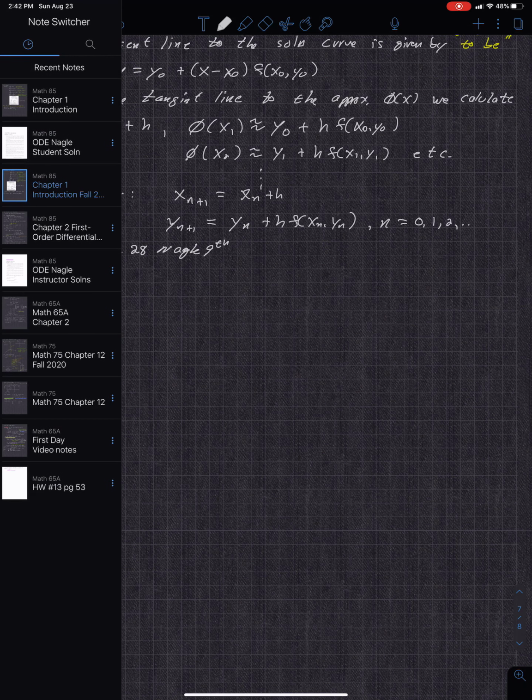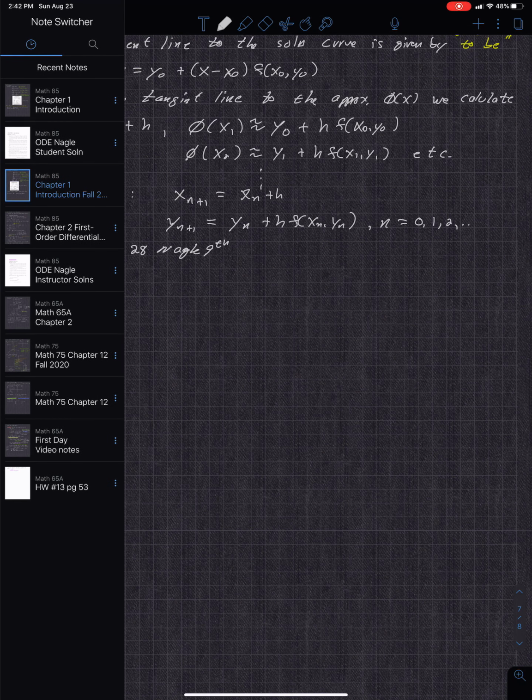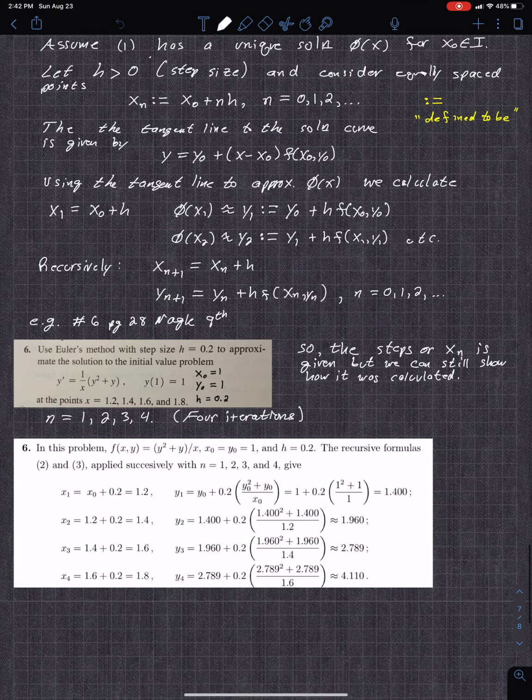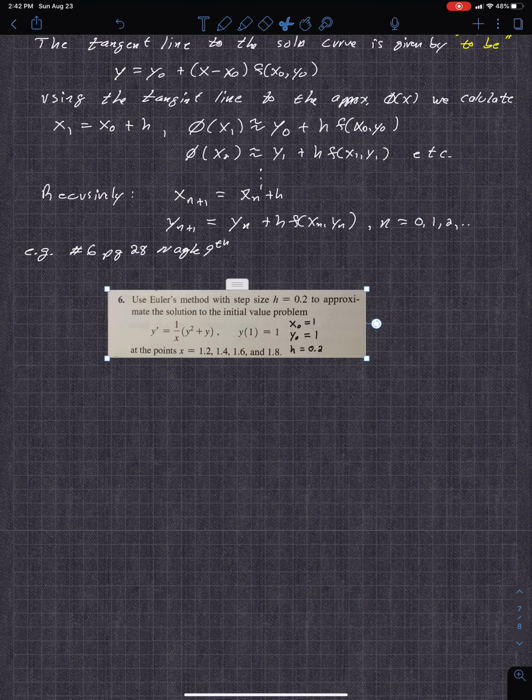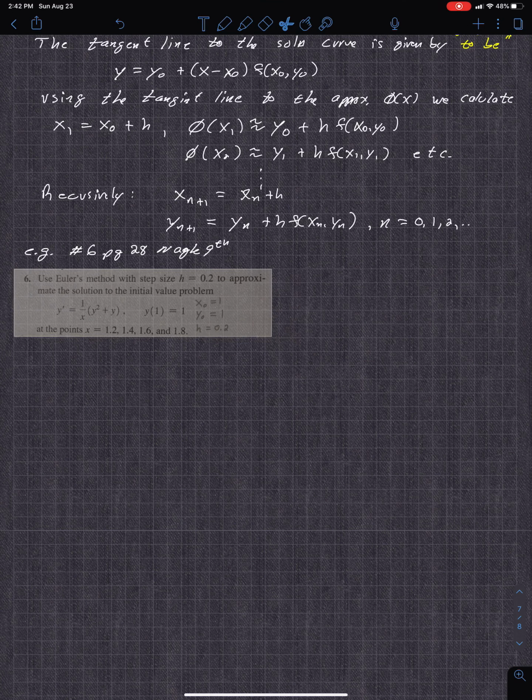I have a lot of this worked out already, obviously. Not the best way to do all this, but it seems to be okay. So there's my question number 6. Use Euler's method, with the given step size, to approximate the solution to the initial value problem.